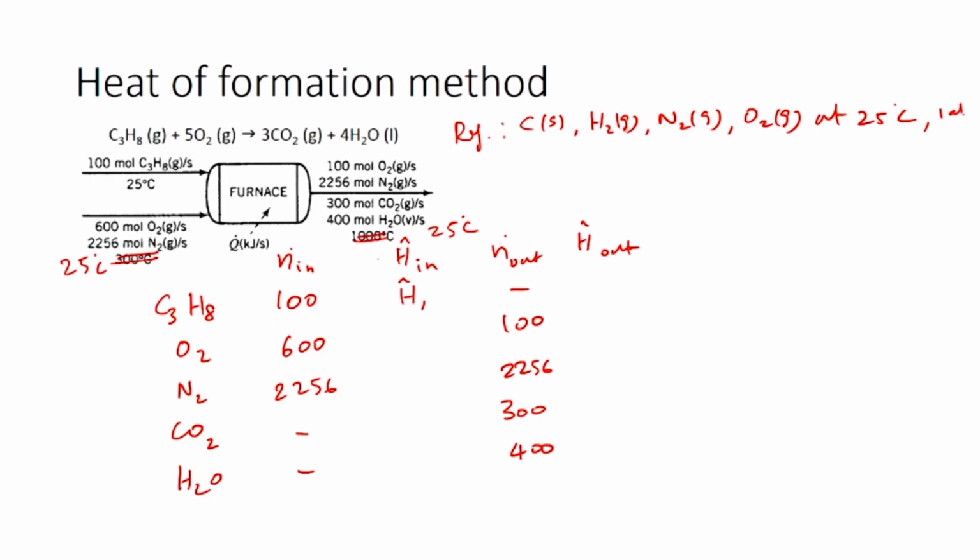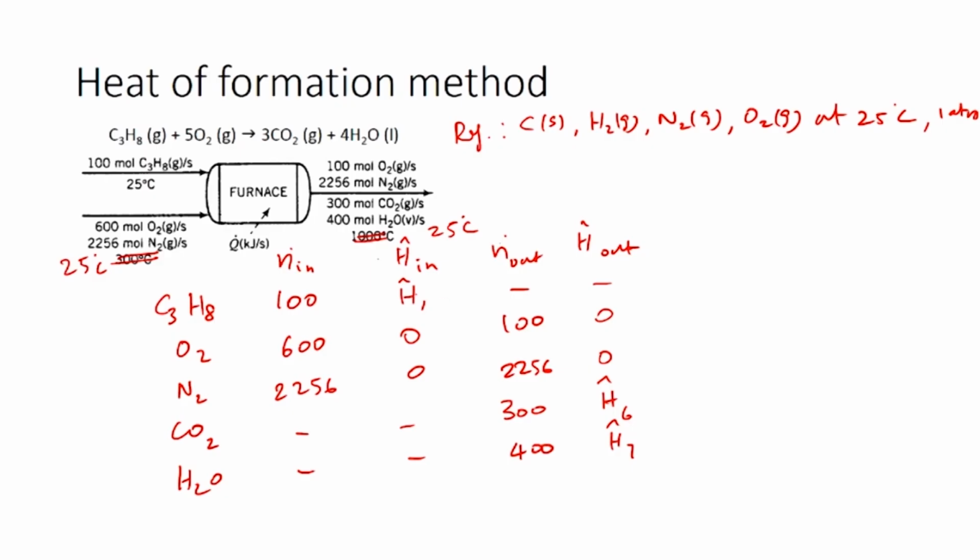all at 25 degrees Celsius and 1 atmosphere. So, what happens is you do not have any enthalpy here, because based on our assumption we are only having enthalpy at a temperature of 25 degrees Celsius here. So, these two values would be the same as the reference state. So, you have 0 for this, and similarly our outlet condition is also 25 degrees Celsius. So, again oxygen and nitrogen would be 0. We have carbon dioxide and water forming. So, let us just call these H6 cap and H7 cap to be consistent with what we did last time.